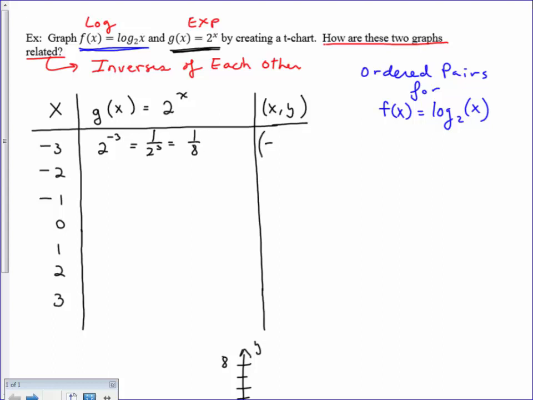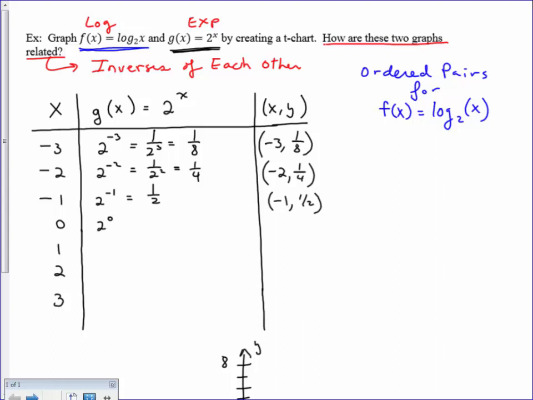So the ordered pair is -3 and 1/8. 2 to the -2 is 1 over 2 squared, which is 1 over 4. So the ordered pair is -2 and 1/4. 2 to the -1 is 1 over 2. So -1 and 1/2 is the ordered pair.